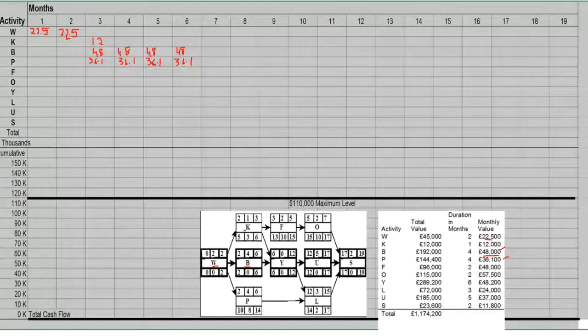Right, so we can then move on to activity F, which would start after K has been completed. If you look at the budget for activity F, it's 48 grand, so activity F is starting after K, so this will start here, and it would have a budget of 48.